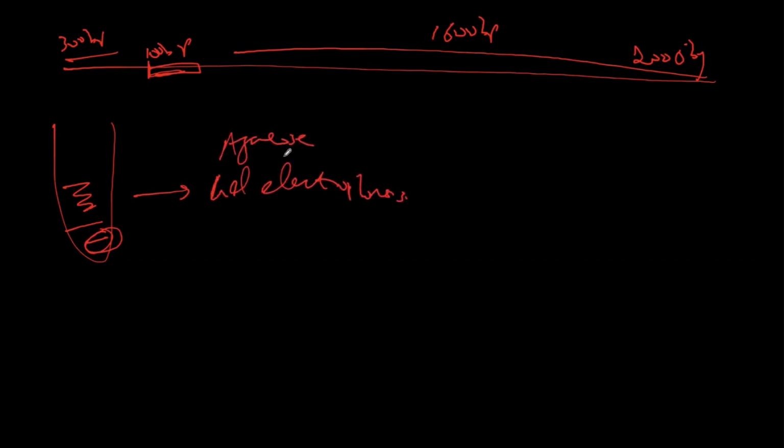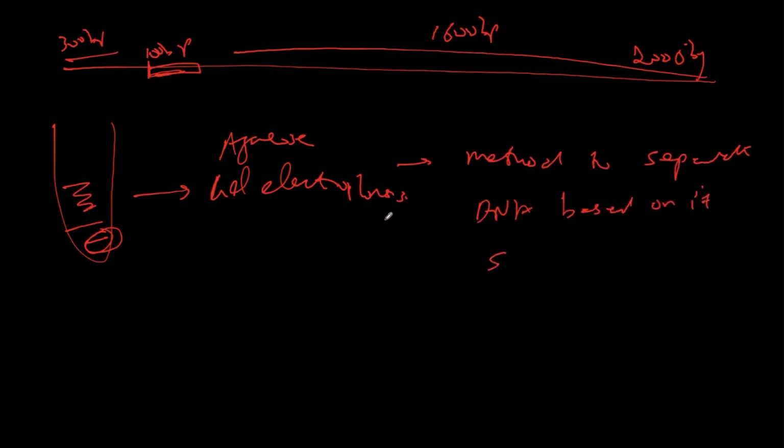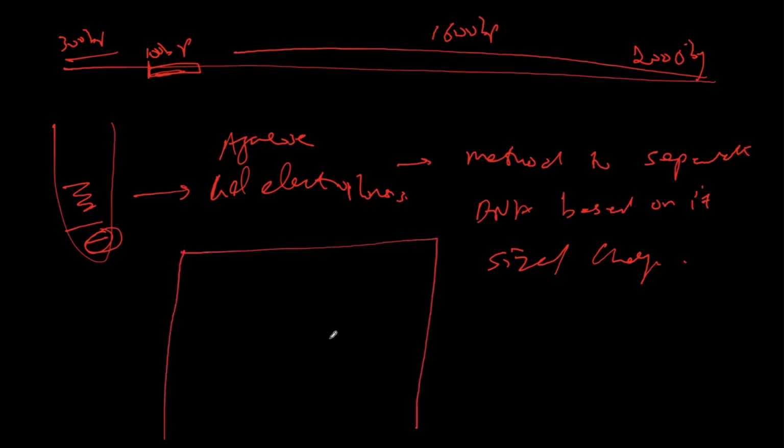This is a method to separate DNA based on its size. Based on size and charge, the DNA can be separated on the gel. In this electrophoresis, we use agarose gel.